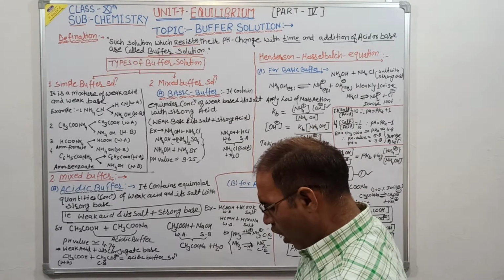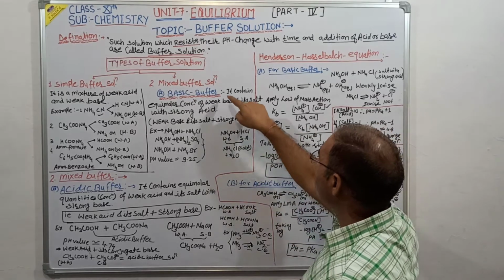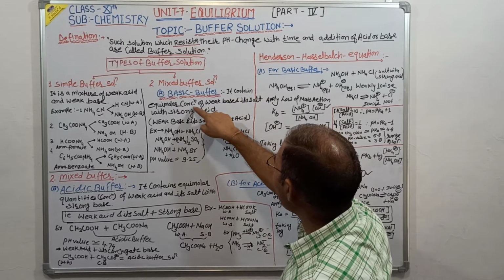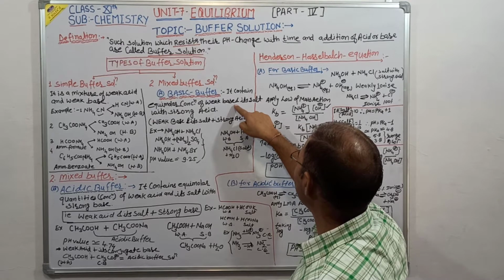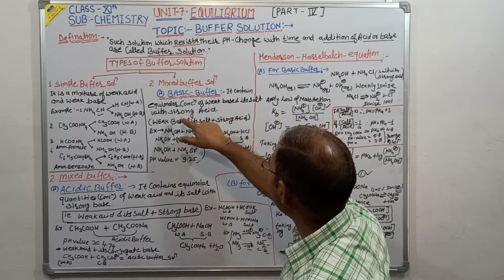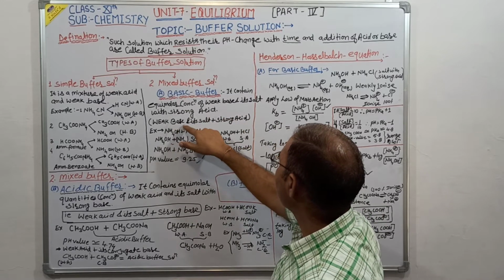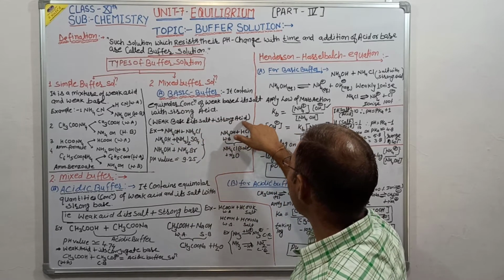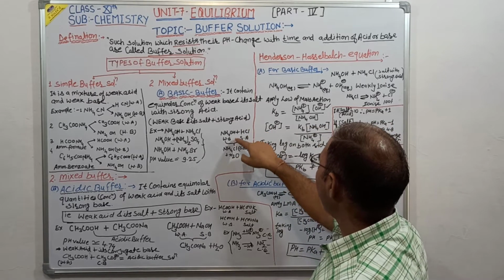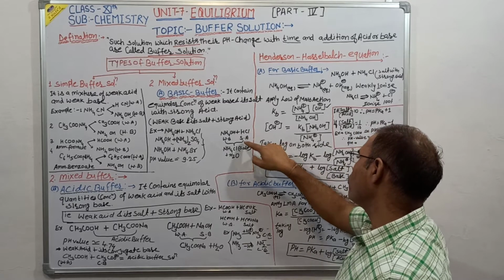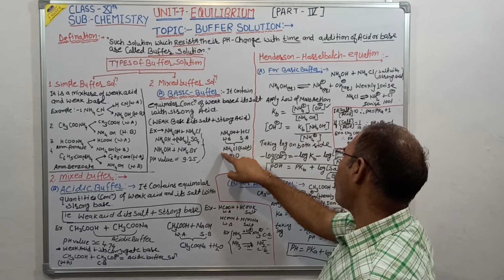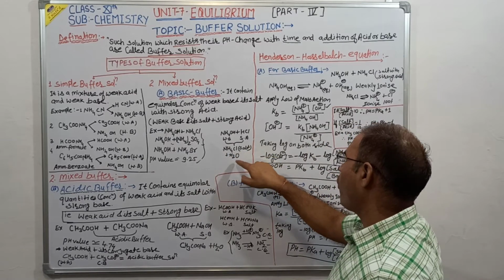A basic buffer solution contains equimolar concentrations of a weak base and its salt with a strong acid. Suppose ammonium hydroxide is a weak base and hydrochloric acid is a strong acid. They mix with each other to give salt and water.